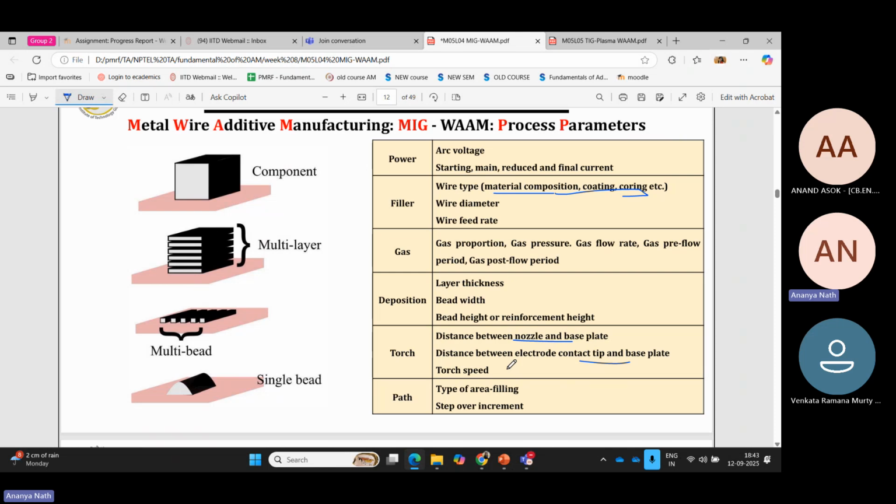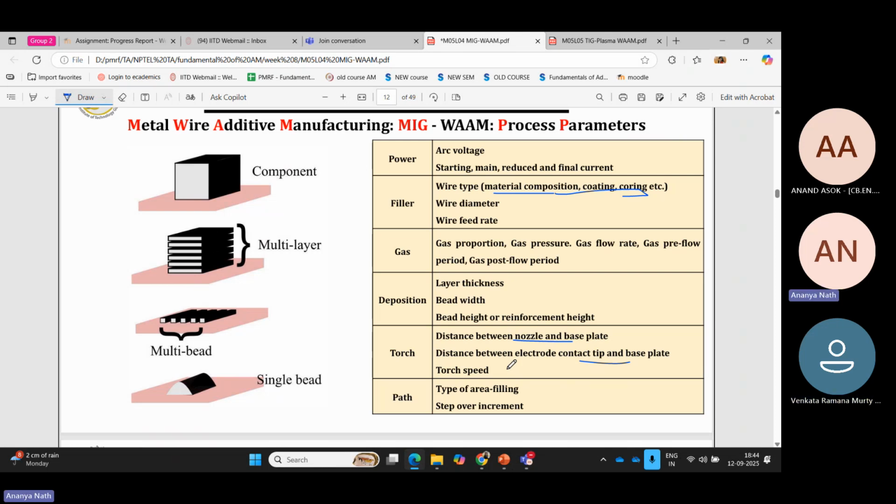If you increase the arc length, your droplet is going to be disturbed, and it's going to take more time to reach the substrate. If you increase the length more, it's not even going to reach the substrate. In between, it can fly away and get distorted. That is why you keep a particular arc length, like 1 mm, not more than that.